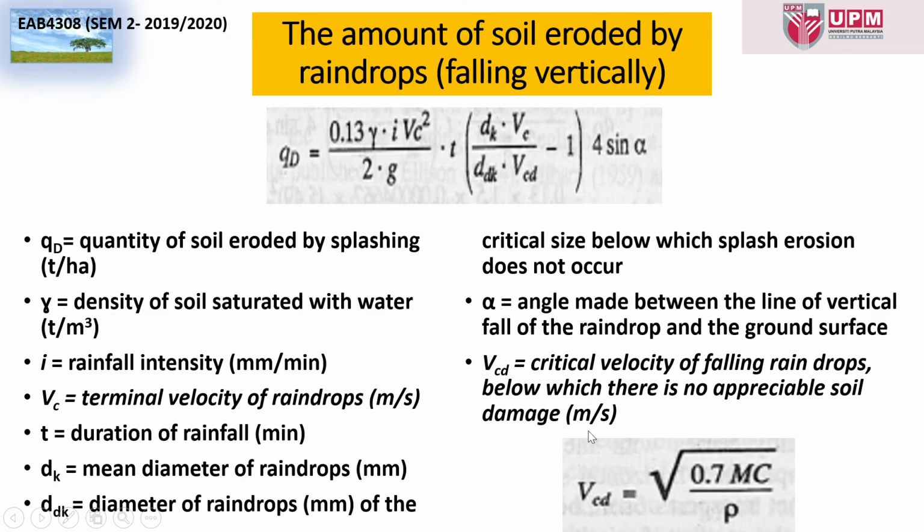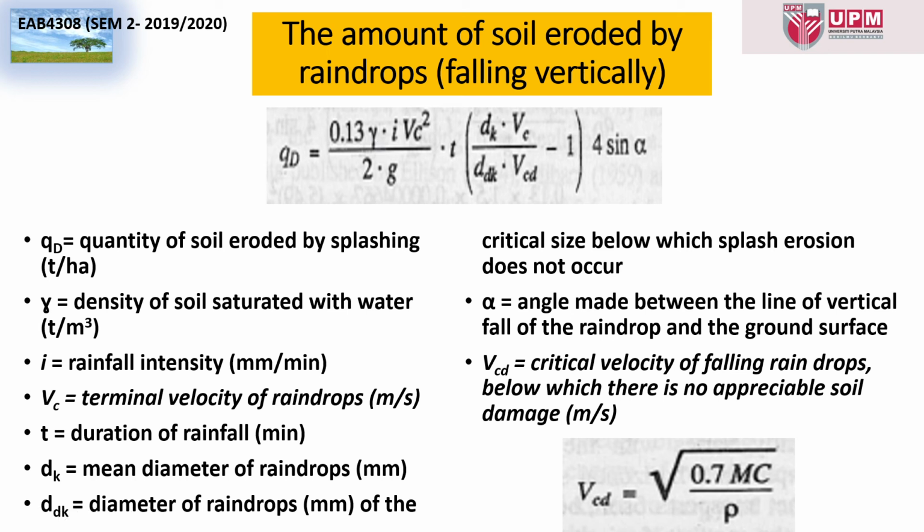Now we look at the formula for calculating the amount of soil eroded by raindrops falling vertically. This is the formula for calculating quantity of soil eroded by splashing. There are many parameters involved, as you can see here. Gamma is density of soil saturated with water.